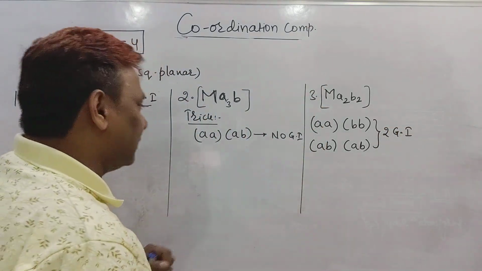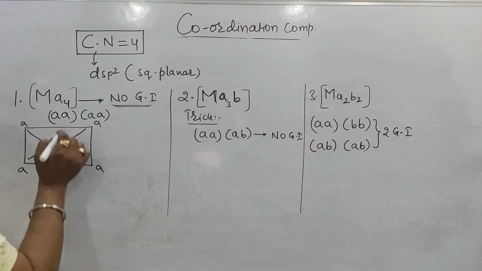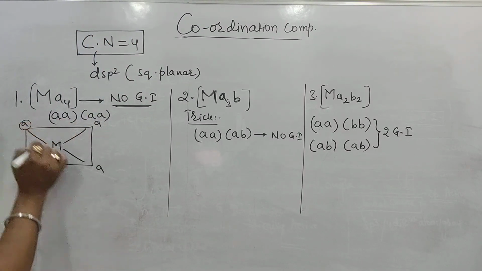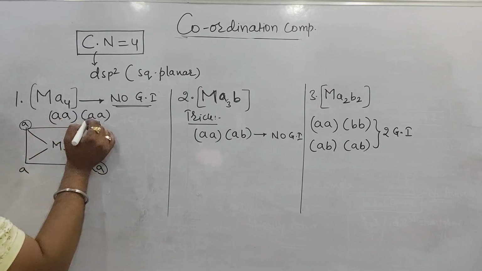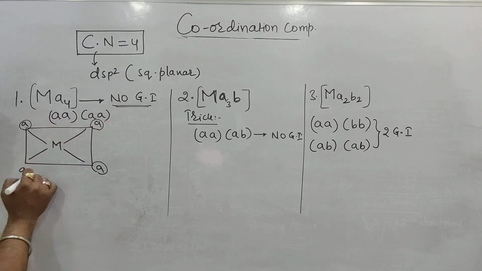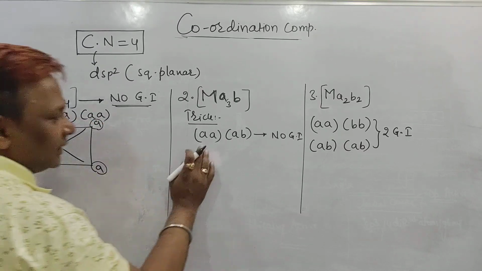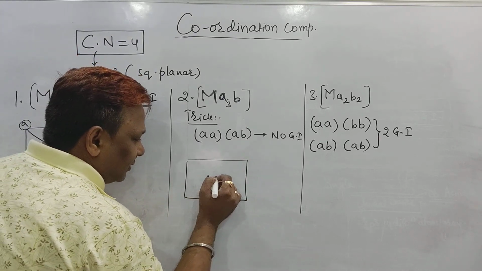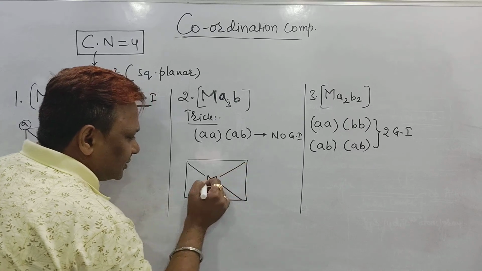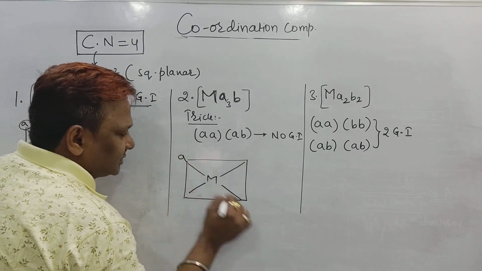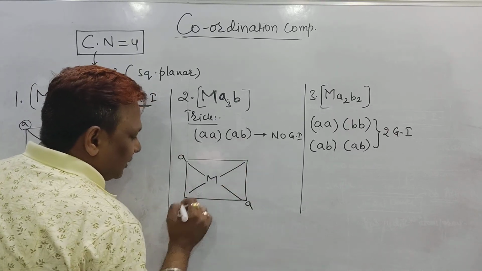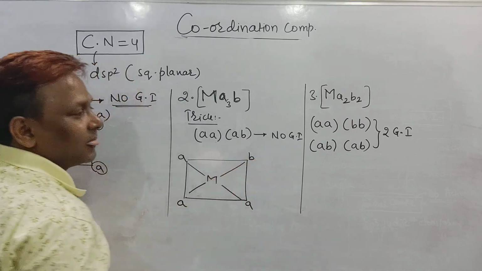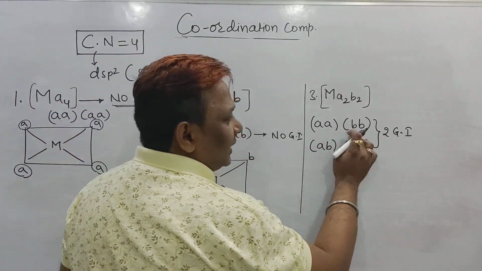Now I'll show the diagram also. Just a minute, madam. See, AA means these two are on opposite sides. In this case, I will draw central atom M and these two ligands, AA on opposite sides, BB on opposite sides. Now try to make this for A and BB.